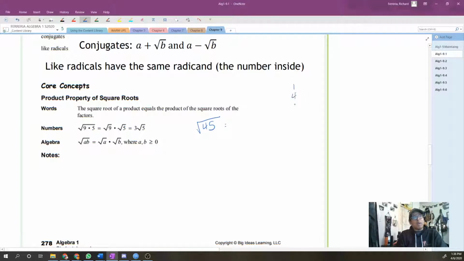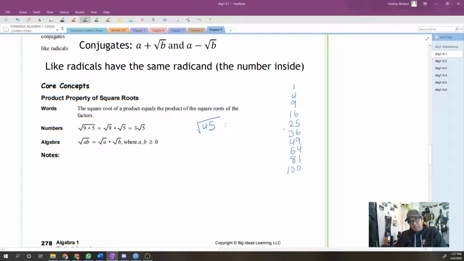But they are 1, 4, which is 2 times 2, 9, which is 3 times 3, 16, which is 4 times 4, 25, which is 5 times 5, 36, which is 6 times 6, 49, which is 7 times 7, 64, which is 8 times 8, 81, which is 9 times 9, and of course 100 is 10 times 10. Now there are an infinite number of perfect squares, but you just need to know the first 10 of them to have some kind of facility with algebra.